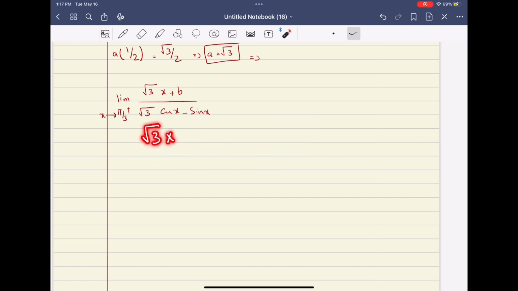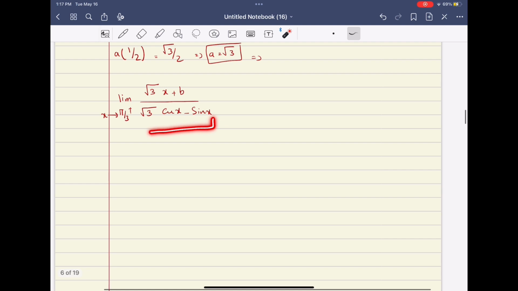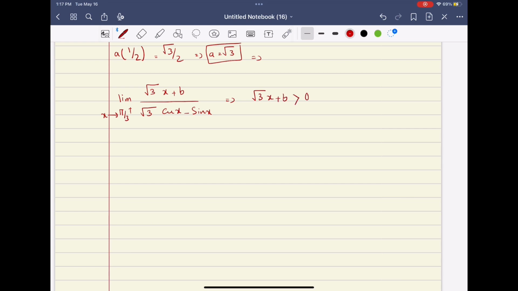So root 3 times 1 over 2 negative minus root 3 over 2 positive would make a negative value. So a negative value in the denominator should come with a positive value in the numerator to make a negative value as the result. So root 3 x plus b has to be positive.